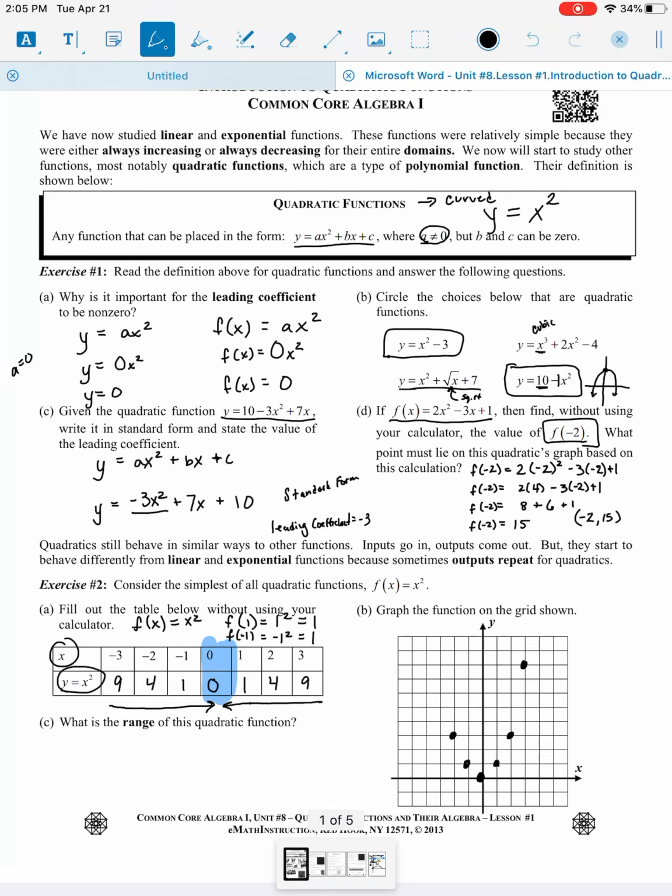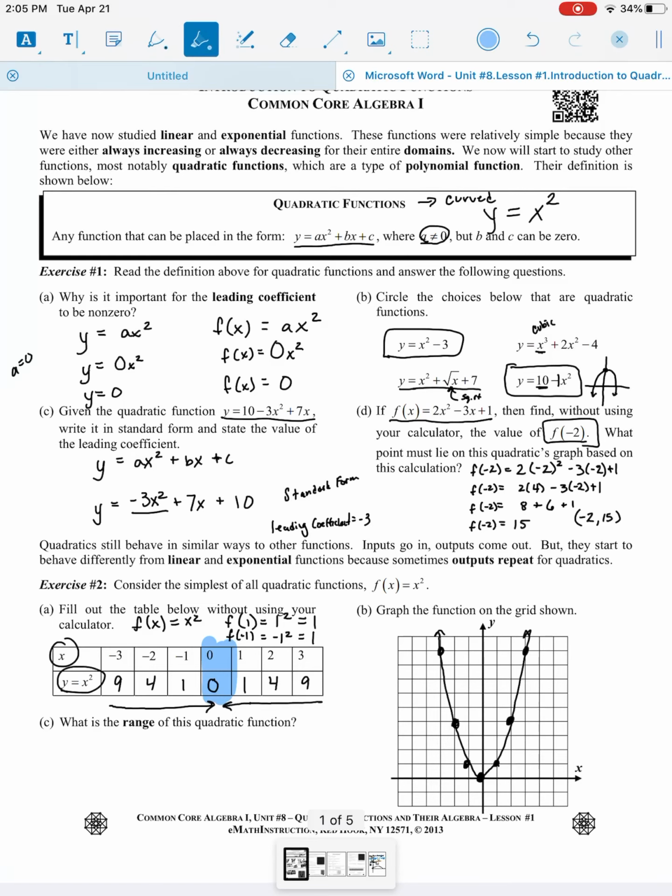Oops, I actually missed 2. Let me go back. And -3, 9. We have my curve. Connect our points. And there's our parabola, or quadratic function.